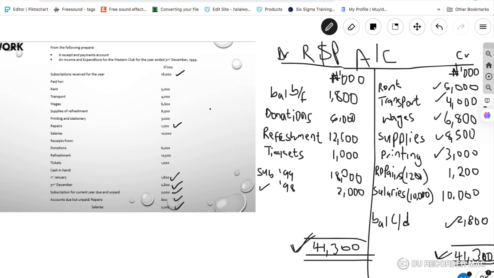This is the process by which you can prepare your receipt and payment account. You need to consider all the transactions and look closely at them, because an omission of a particular transaction may not give you an accurate result whenever you are posting. That is the reason why you need to look carefully at the questions before you answer them.